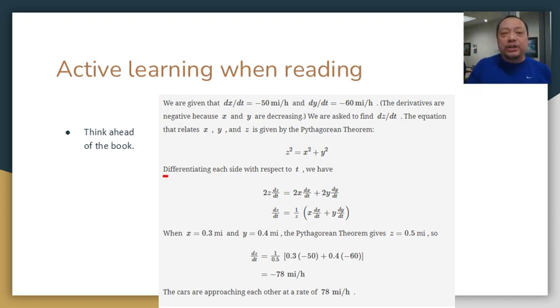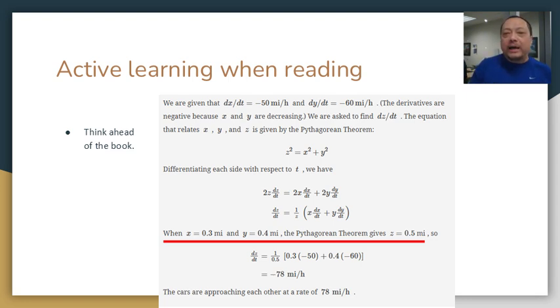And then down here when it says differentiating each side with respect to t, you should be doing that on your own with pencil and paper. Do that on your own before reading on to see if you have the same answer as the book. And down here when the book is plugging in numerical values, definitely you should stop reading and do it on paper on your own.